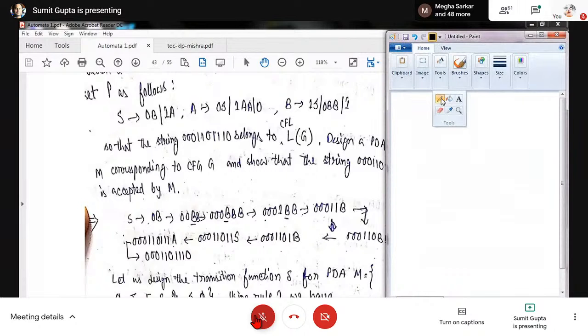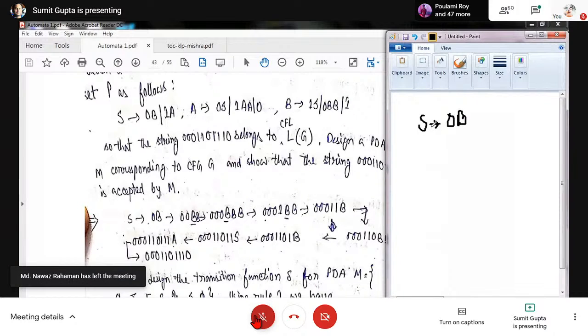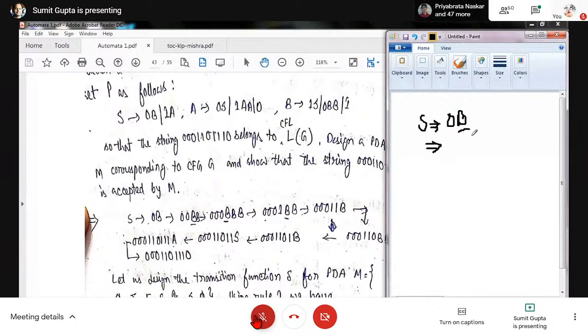Otherwise, okay. Let's see. Suppose these productions are given to us. So we have to derive a string. So I'm beginning from S gives AB. S gives 0, 0B. Then what are we doing? Generally we use this symbol, the implies symbol. So next it implies what? And we are using underline to indicate which production we are substituting.